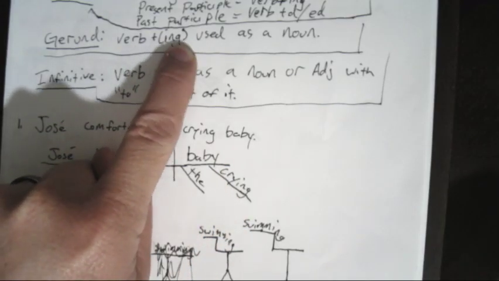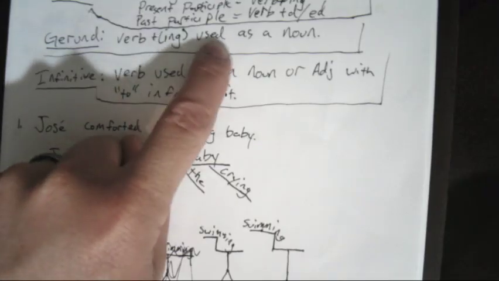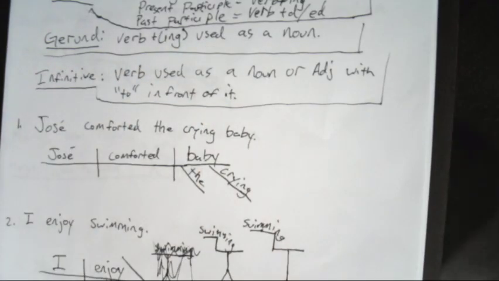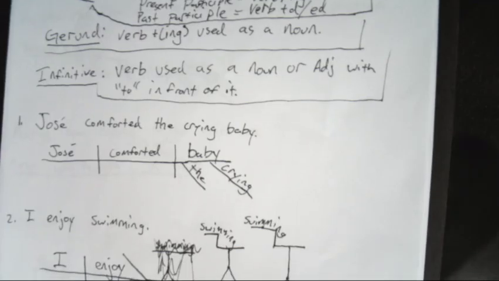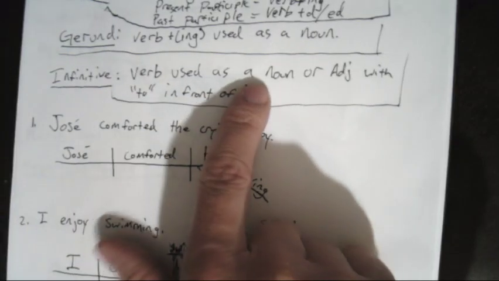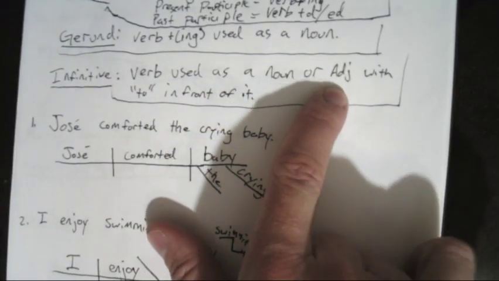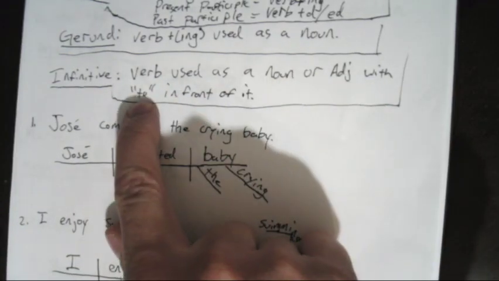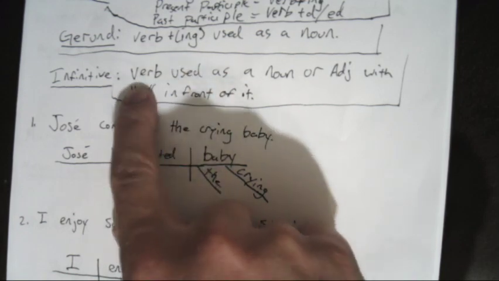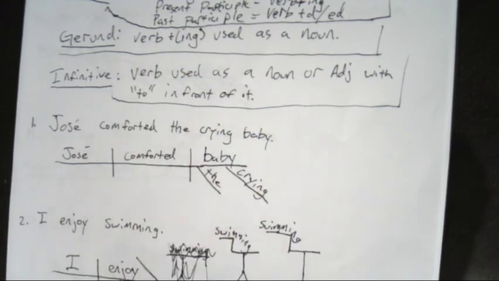Gerunds always have ing on them, and they're being used as a noun. All right? And then the infinitives, we'll talk more about infinitives on the next sheet, but the infinitives are verbs that are used as nouns or adjectives with to in front of them. All right? So to is going to be in front of an infinitive every time.